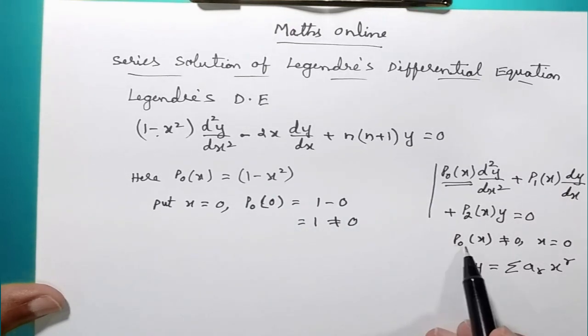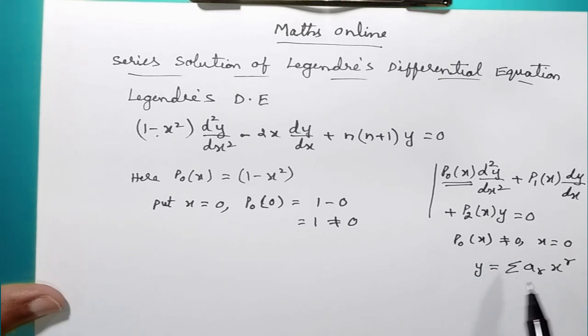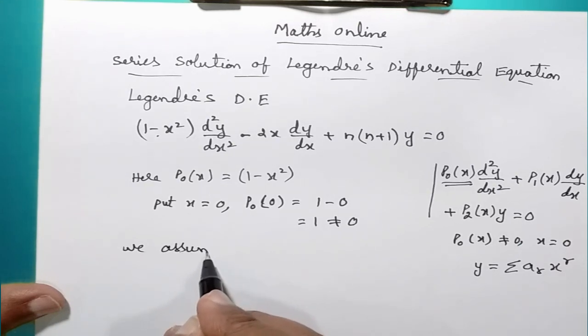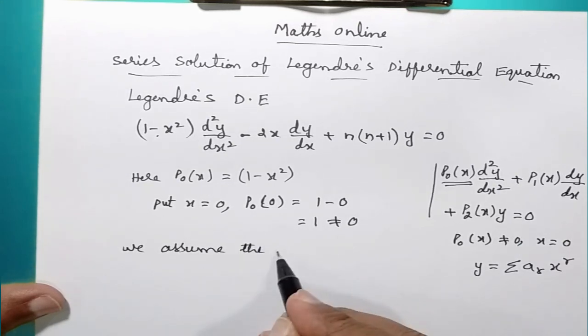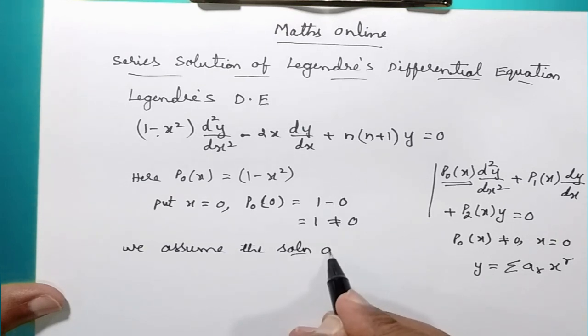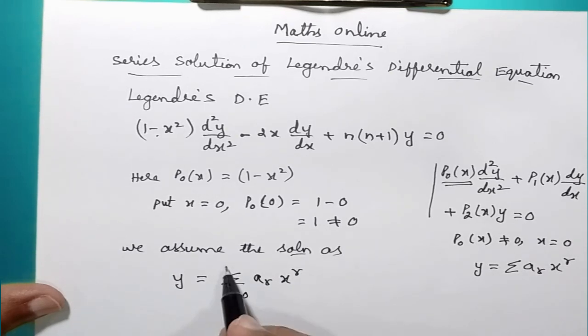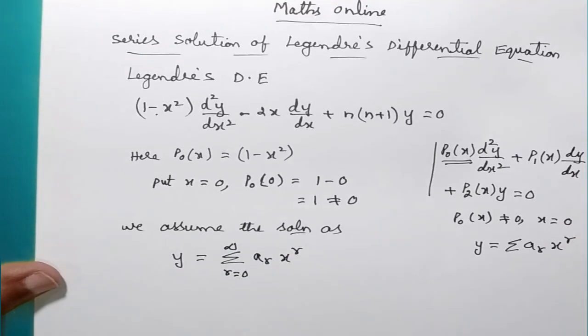So you can see that p naught of x is not equals to 0. In that case, what is the solution you can assume? So we assume the solution as y is equals to the summation of ar x power of r. The value of r will be from 0 to infinity.